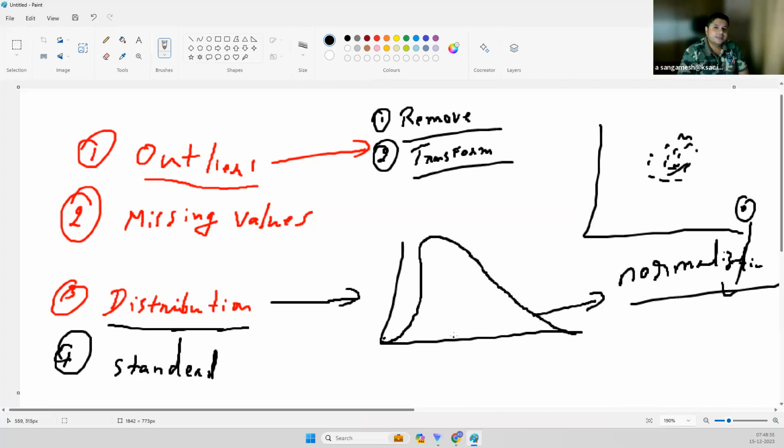What I was trying to say is that if the data is not normally distributed, you bring that data into normalization. This is also a part of distribution. If we have outliers, we either remove the outliers or do a specific treatment like normalization for these kinds of things.